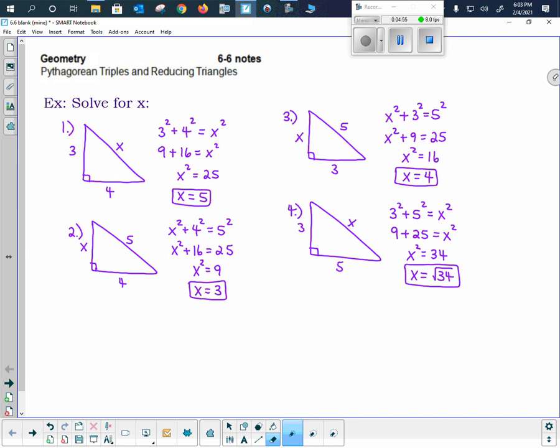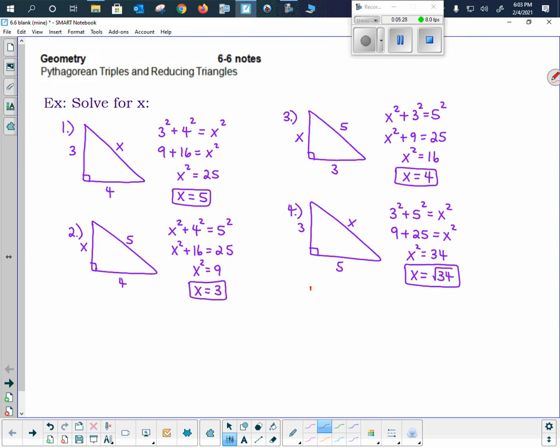Mathematicians have done this enough times to know that 3, 4, and 5 always go together, provided 5 is the hypotenuse. The longest side has to be the hypotenuse. Since it was not here, 5 was sitting down here on one of the legs, that's why it doesn't go with 4. So 5 was a leg instead of a hypotenuse, so it did not go with that.